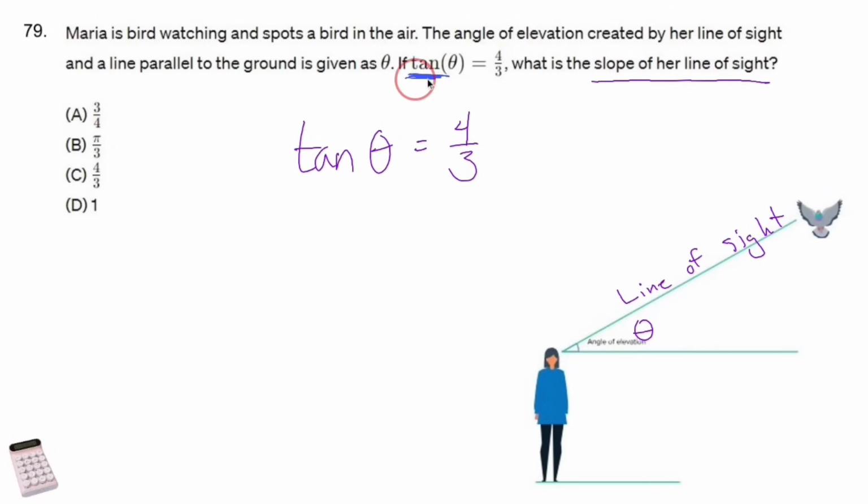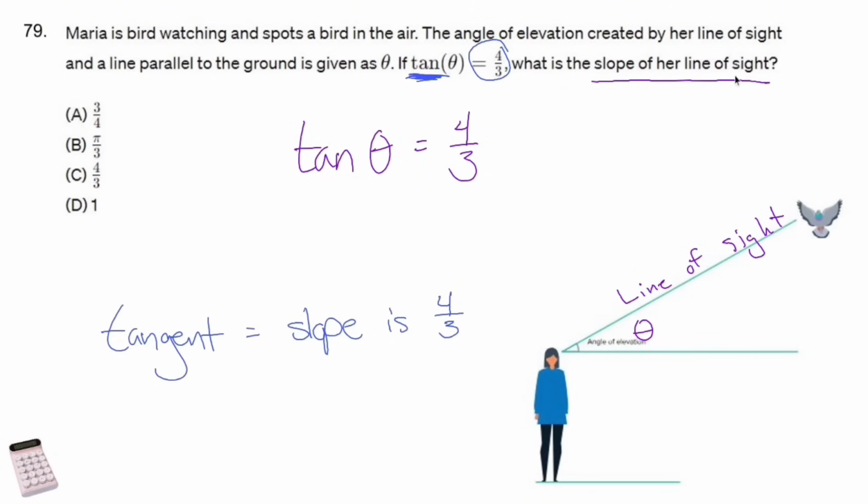Tangent, by definition, means slope. When you get to calculus, one of the first things you will learn is tangent means slope of a line at a point. So when it says the tangent is 4/3, that is the exact same thing as saying the slope is 4/3.